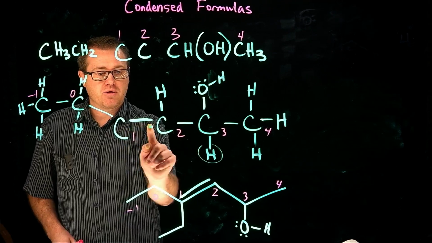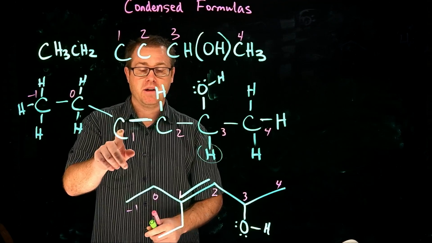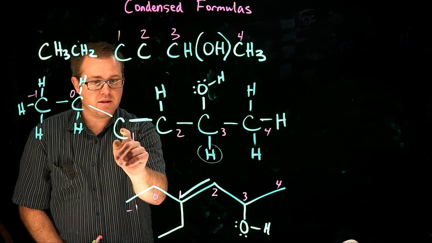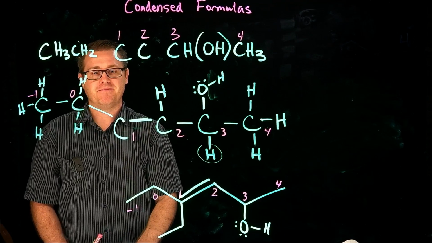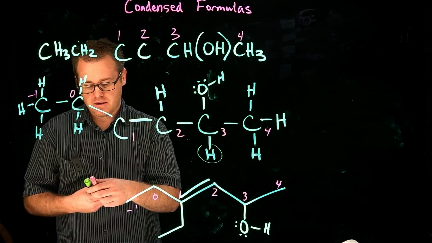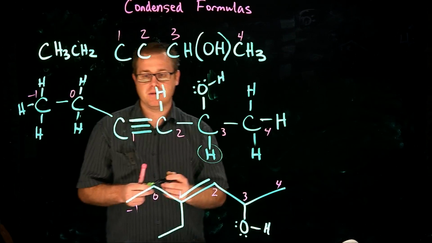And if I just draw it directly bonded like that, carbon 1 directly bonded to carbon 2, how many bonds does carbon 1 have? 1, 2. How many does it have to have? 4. So this one would be a triple bond.